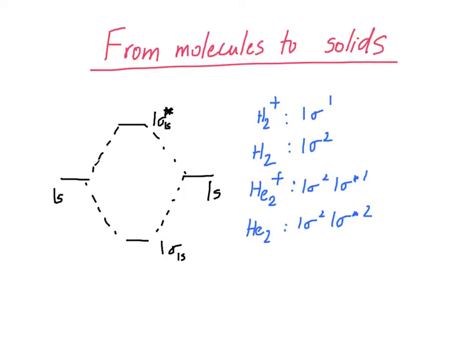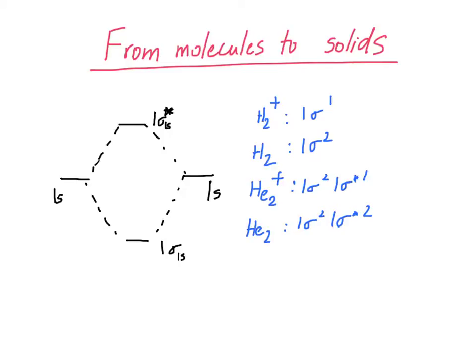Note that I have, just for simplicity, suppressed the subscript 1s, because in all of these the sigmas have a subscript 1s, but just to avoid clutter, I've suppressed that. But it's understood, at least in the case of these systems, that there is a 1s subscript, indicating that the origins of our sigma and sigma star molecular orbitals are really the atomic 1s energy levels.